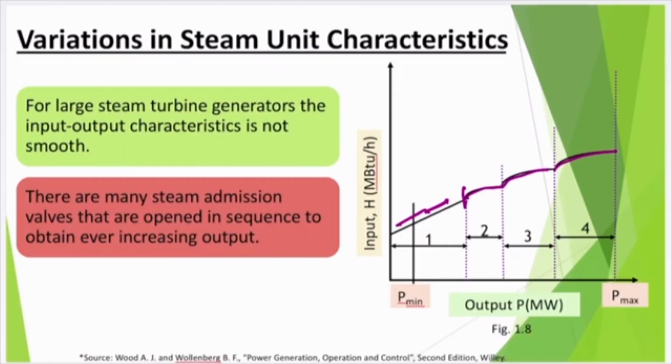The reason for this variation at different zones 1, 2, 3, 4 is probably that there is a chain of valves that operate at different time intervals.